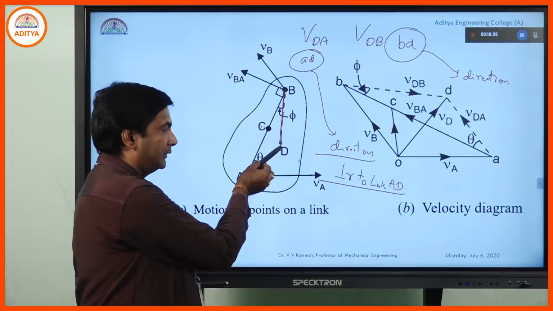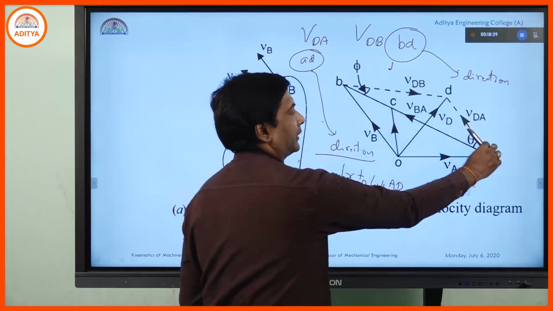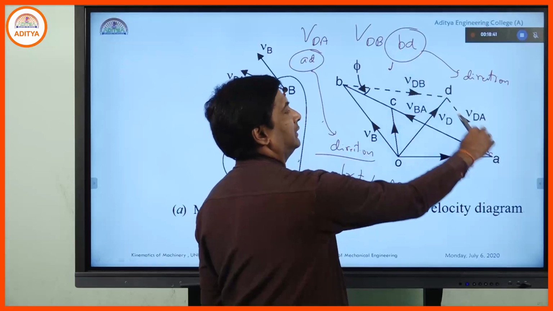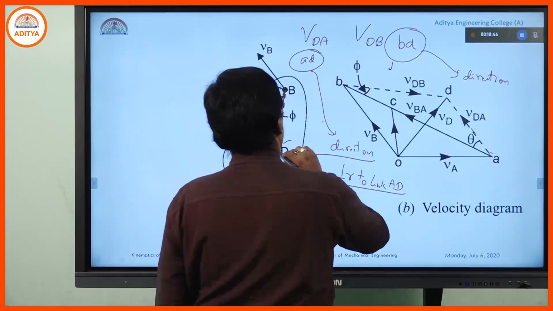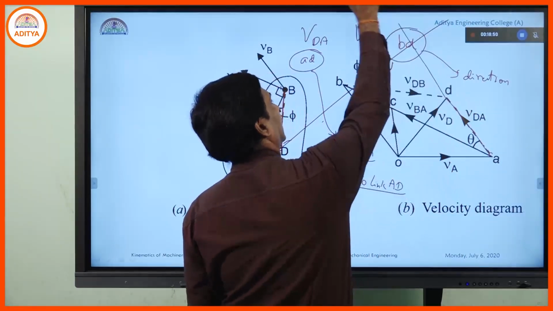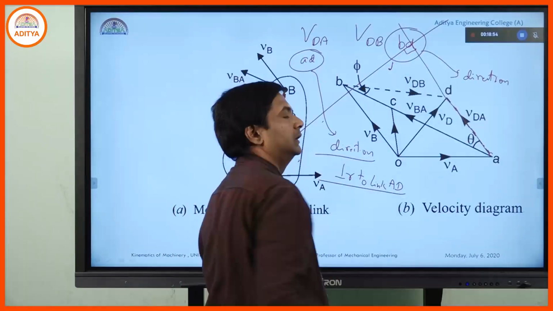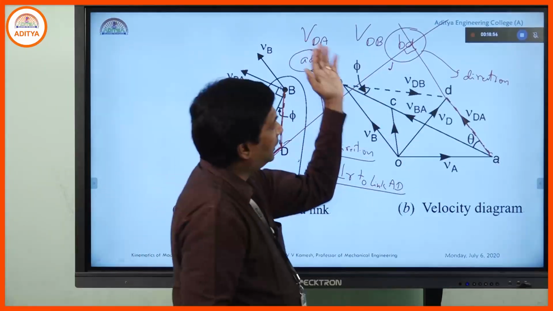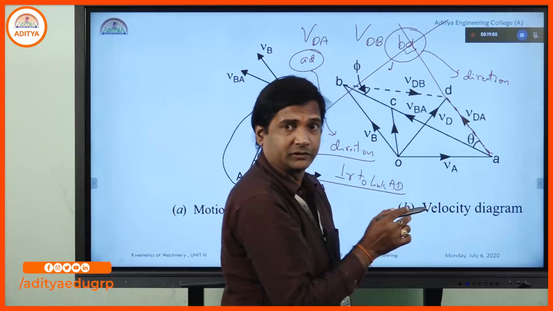So with the mini drafter or set squares, you take the direction like this, and from A we need to draw a line like this. For this line, there is a perpendicular line like this. So these two are perpendicular. Basically, it need not be in the vertical direction.